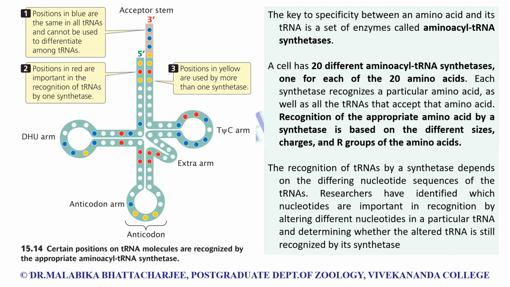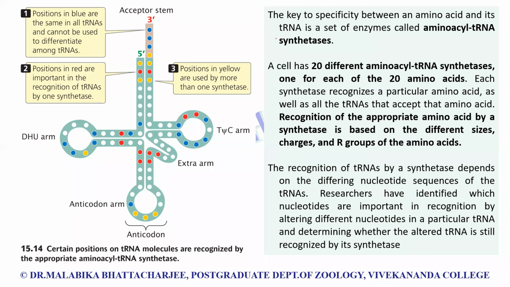So the enzyme must recognize two things. For example, we studied the example where the enzyme charged the tRNA with valine. So it has to recognize the amino acid valine, and it has to recognize the tRNA for the amino acid valine. If you remember the enzymatic pathway by which aminoacyl-tRNA synthetase works, just now we did that.